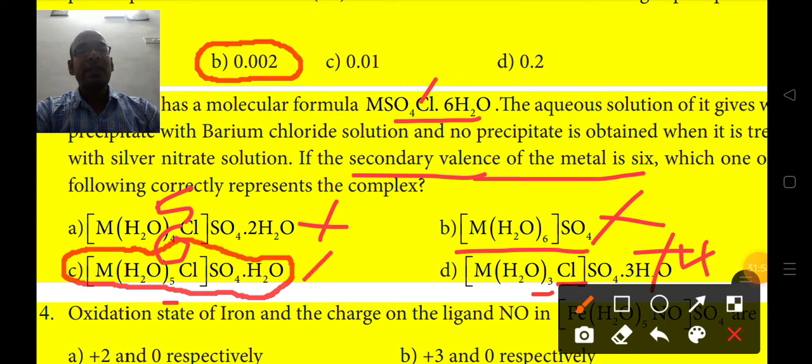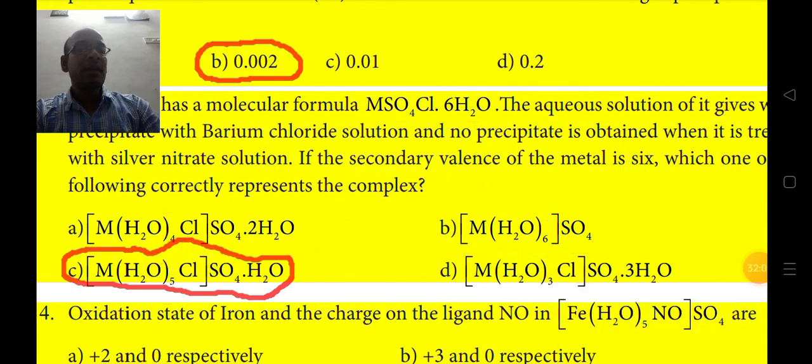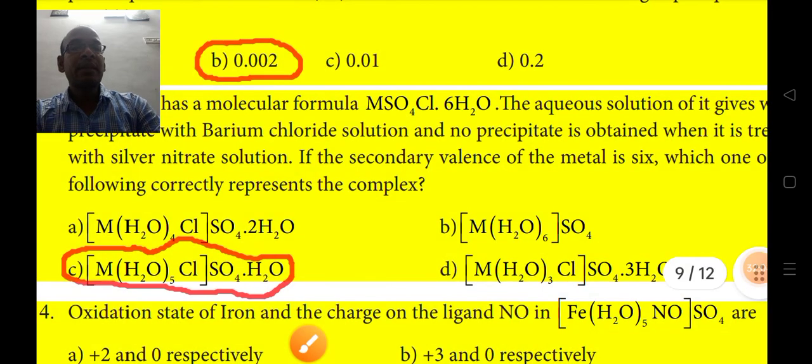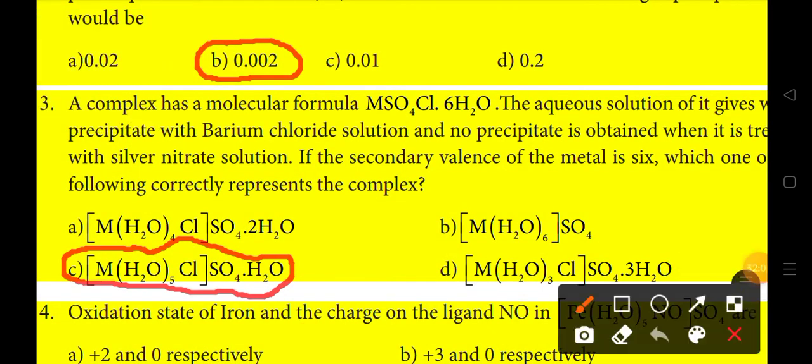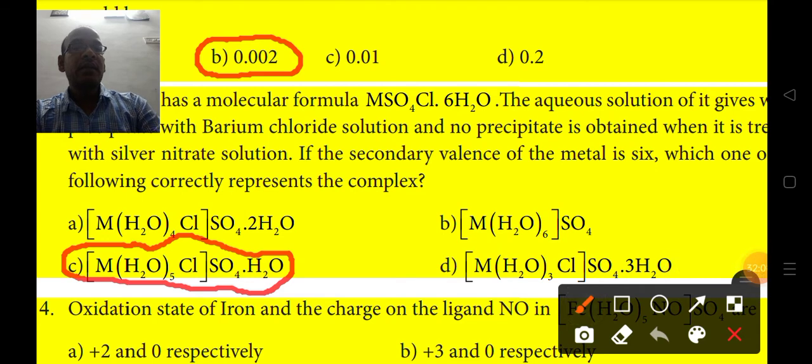That is, first point, no Cl in option B. Once again I repeat, the molecular formula has a Cl, but in option B no Cl. Therefore option B is incorrect.